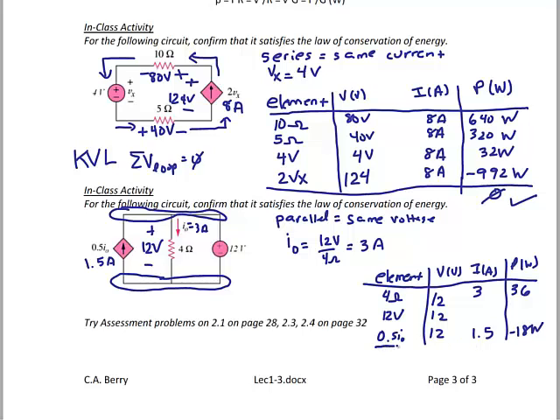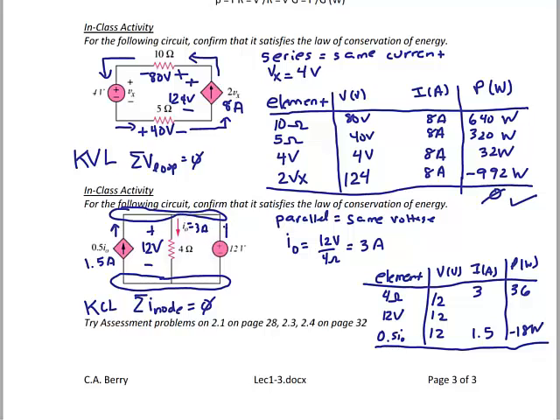So based upon what we have so far, we know that that 12 volt source should deliver power, but let's see why. The rule that we use to determine that is something we call KCL, which we'll discuss in more detail in the next lecture. KCL states that the sum of the currents into and out of a node is equal to 0. So far I have 1.5 amps going in and I have 3 amps coming out if I look at the top node.